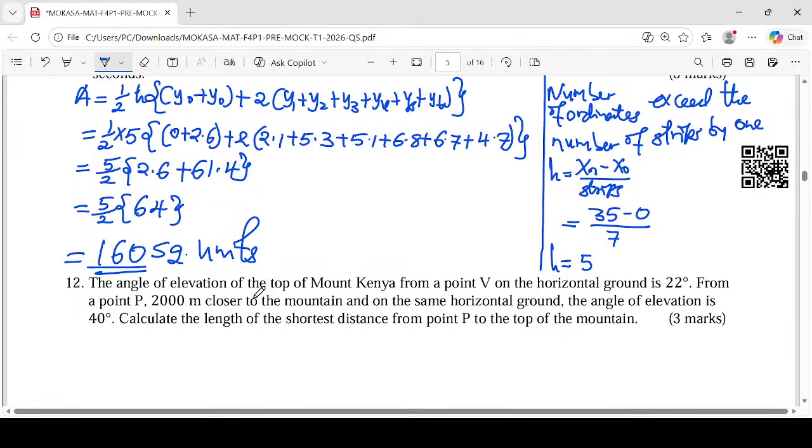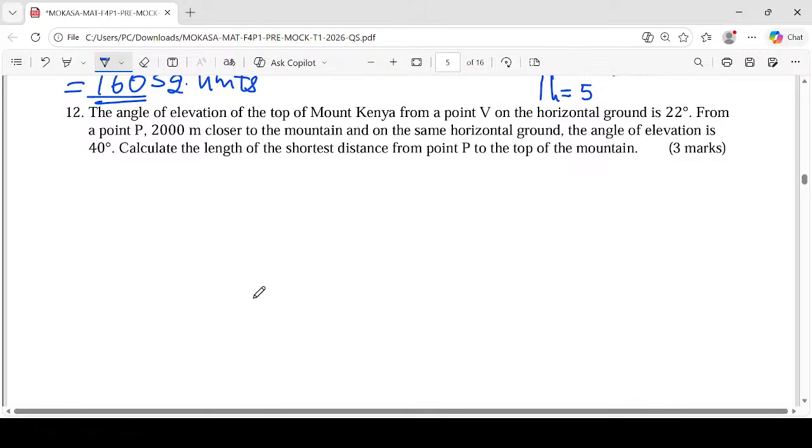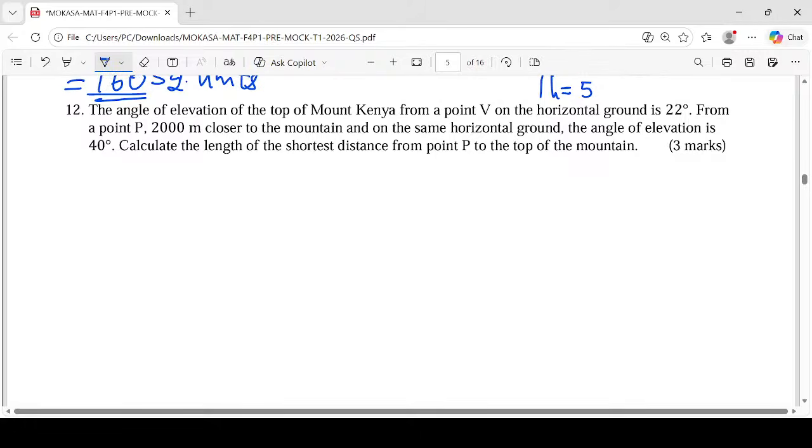Let's look at question number 12. That is a very, very simple question once again. The angle of elevation of the top of Mount Kenya from a point V on the horizontal ground is 22 degrees.